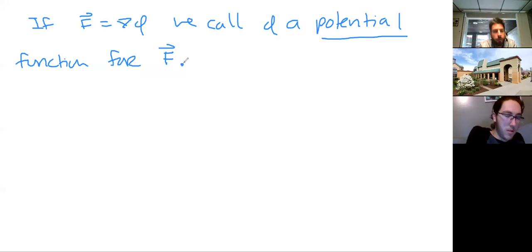So now there are two ways to say this statement. You could say F is conservative, or you could say phi is a potential function for F. It's sort of like saying O'Grady is older than Matt, or Matthew is younger than O'Grady. Two ways to say the same fact.